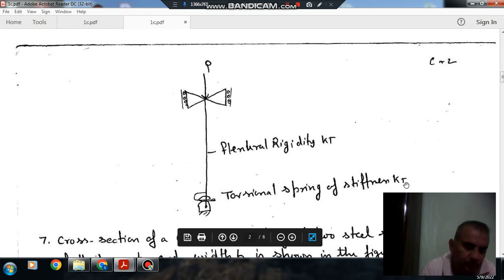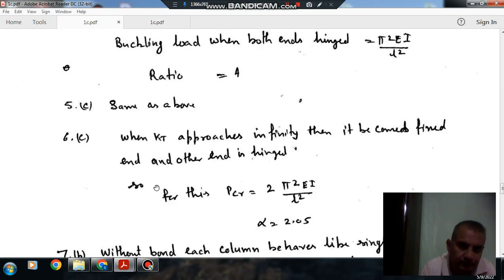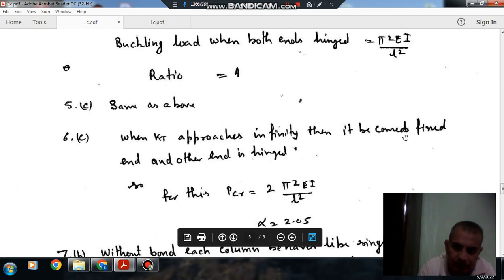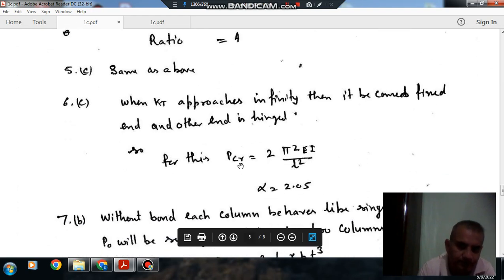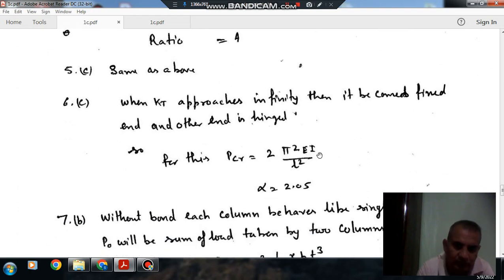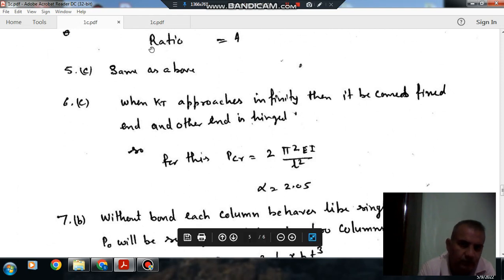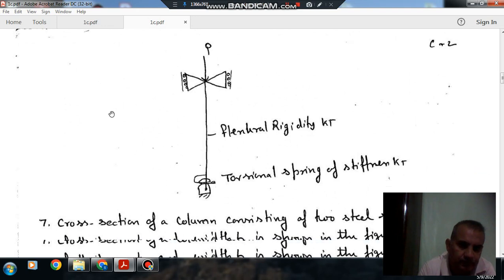So this becomes a column with one end fixed and the other end hinged. For this, the critical load is 2 pi square EI by L square. So alpha is equal to 2.05.